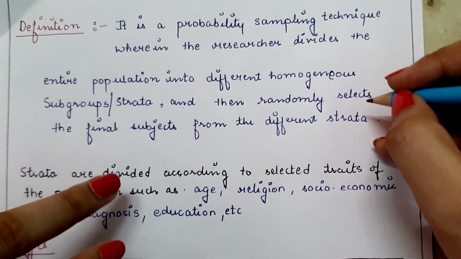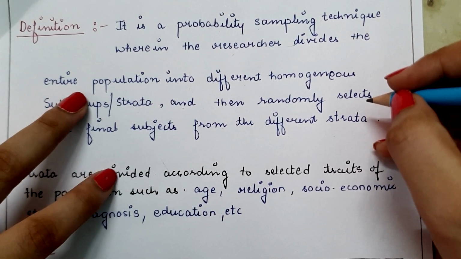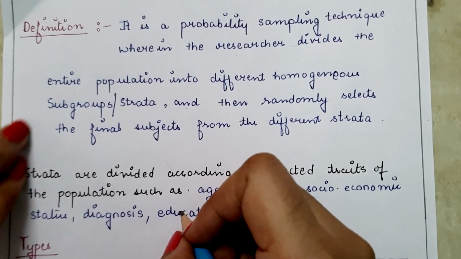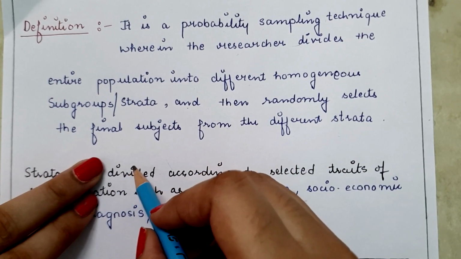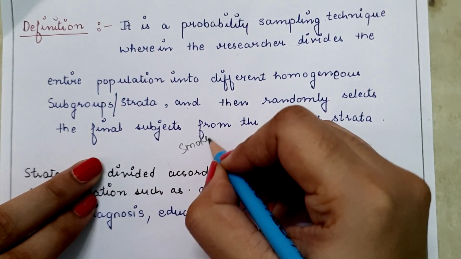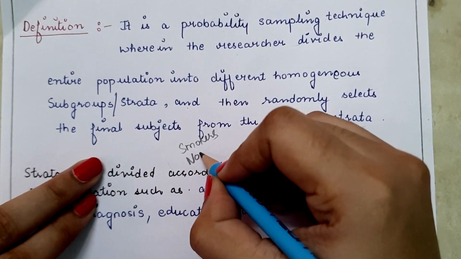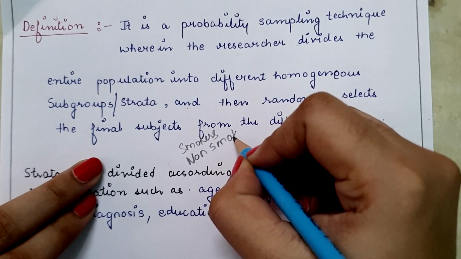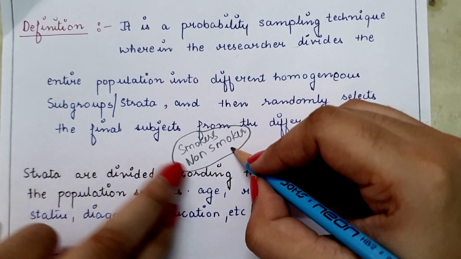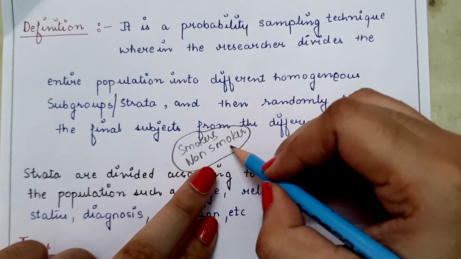So I already gave an example of a heterogeneous group, in which the researcher conducts a study to check the incidence rate of lung cancer among smokers and non-smokers. So this is the whole population. This is a heterogeneous population which contains smokers as well as non-smokers.